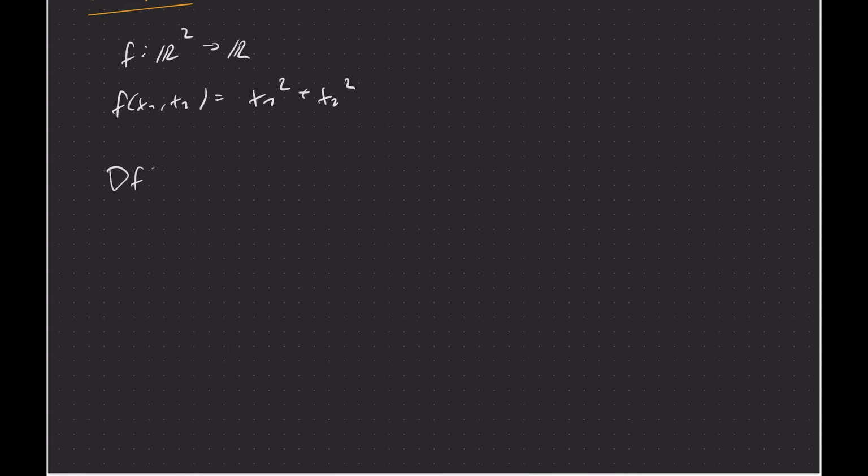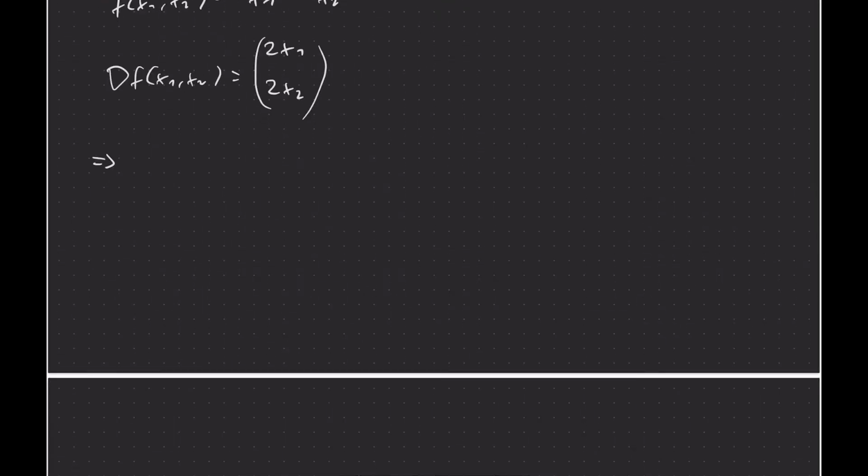So let's first compute the gradient of f in Cartesian form, because that's how the function is defined. It's easier to see. So we have 2x1 here and 2x2 here. That's the gradient in Cartesian form.